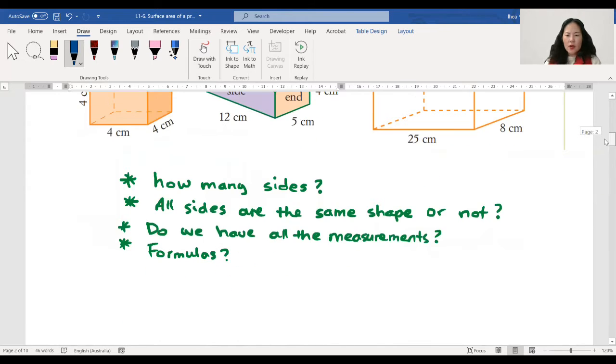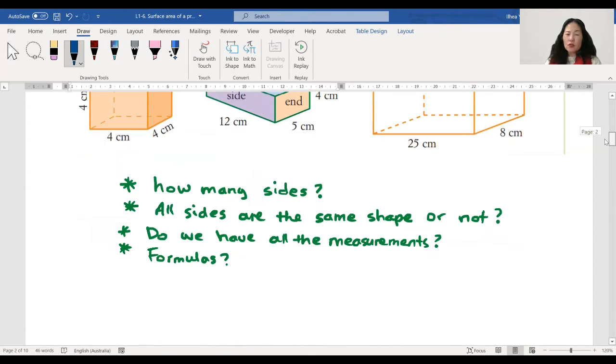So these are the questions you need to ask when you're looking for a surface area of a solid. You need to know how many sides they have, and whether all sides are the same shape or not. A cube will have all sides being squares.